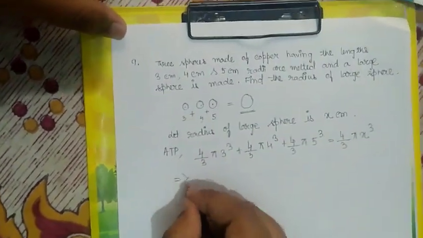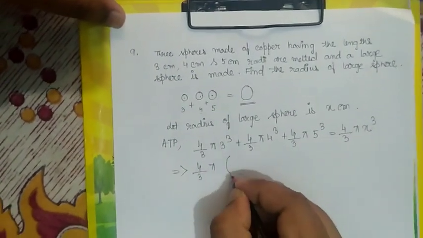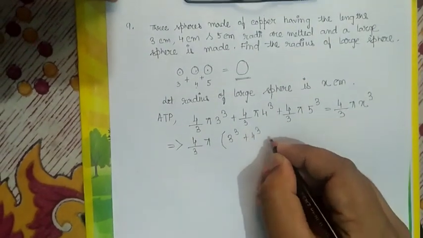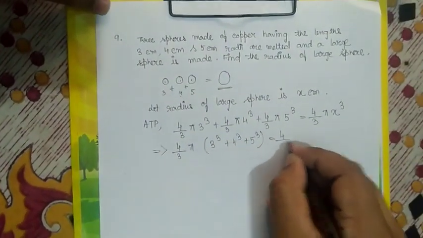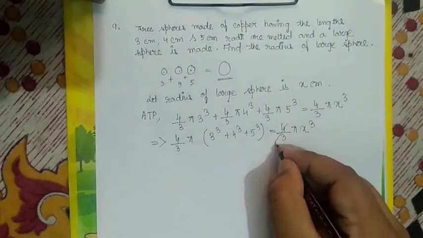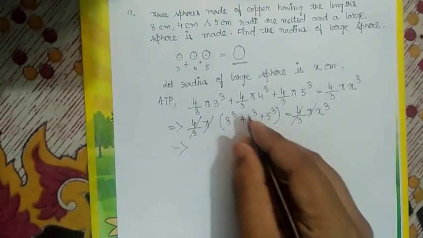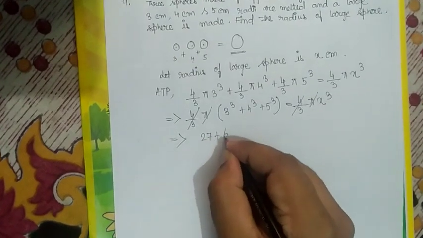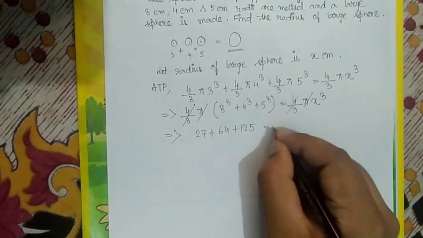Now taking common 4 by 3 pi from the left hand side, we get 3 cube plus 4 cube plus 5 cube equal to 4 by 3 pi x cube. Eliminate this 4 by 3 here and pi here. We get 3 whole cube means 27, 4 whole cube means 64 plus 5 whole cube means 125 equal to x cube.